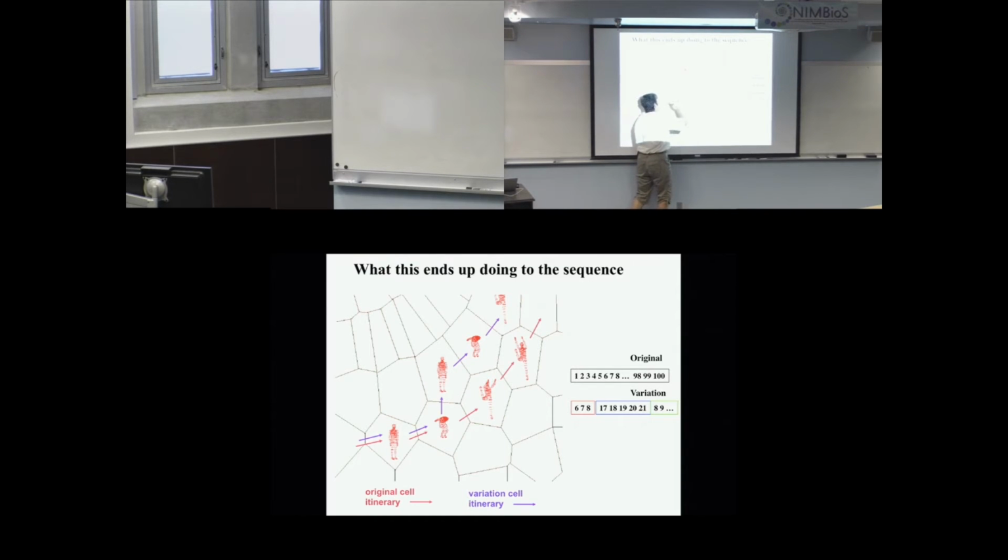Maybe it goes like that instead. So the variation will follow the original for a while, and then it goes over here. And what this ends up doing is taking the original piece and taking different chunks out of it and sticking them together.